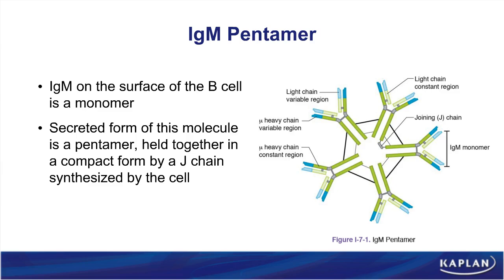But in the secreted form, it is bound together by a chain called the J chain, giving us a pentamer that has the potential to bind 10 antigens. Now, here's an important point. Those 10 antigens, you have to remember, have to be identical. It's not like each one of these variable regions can bind different antigens. They all are specific for the exact same antigen.